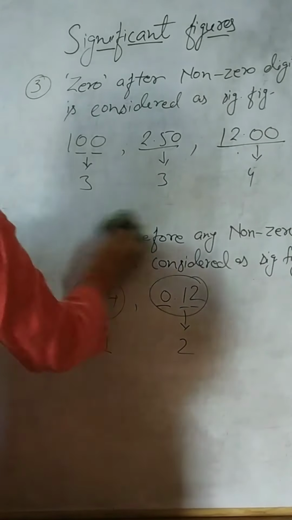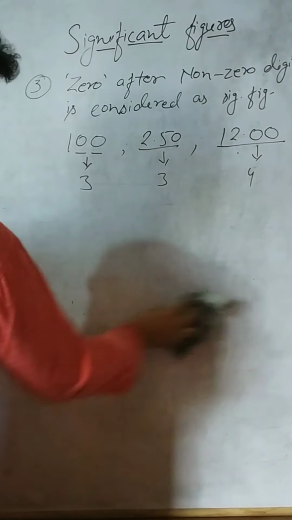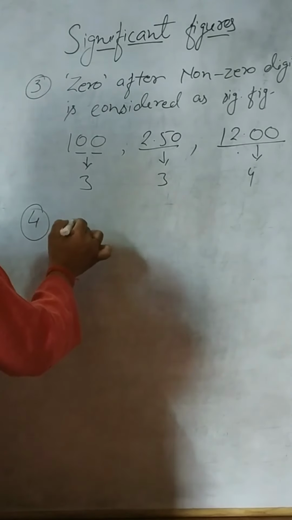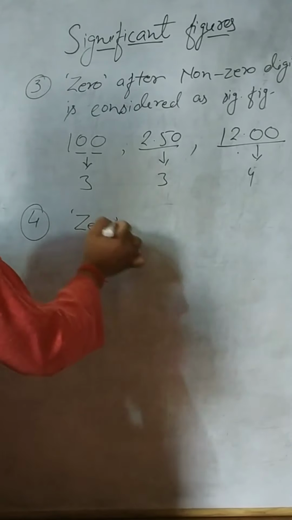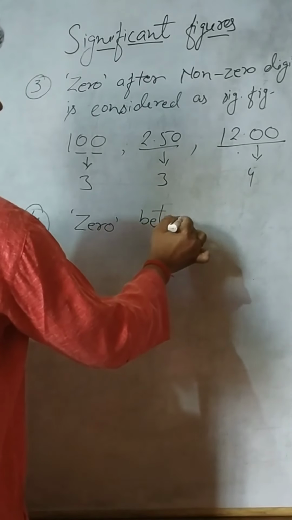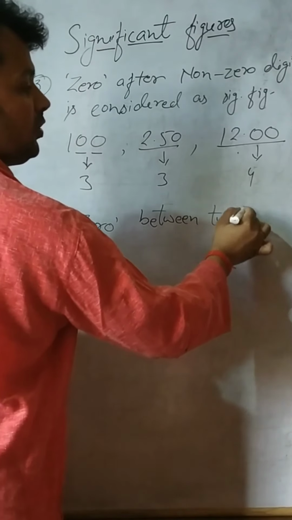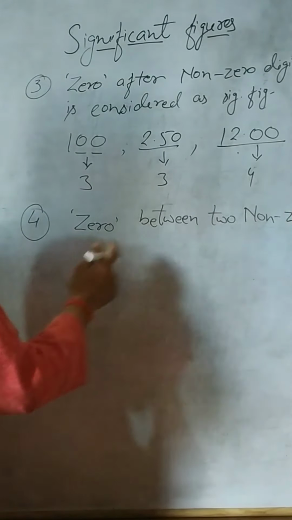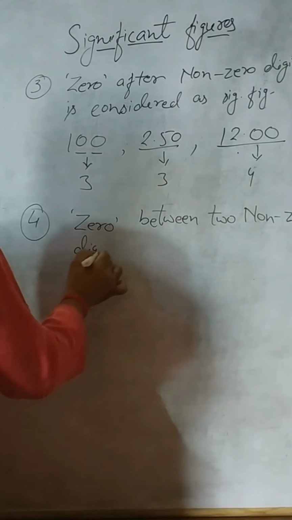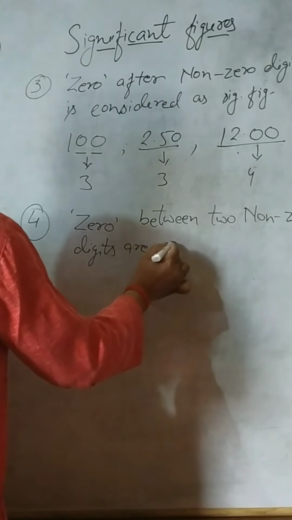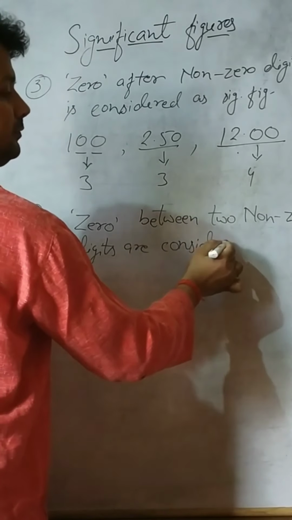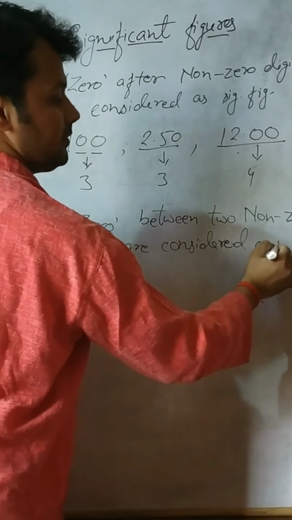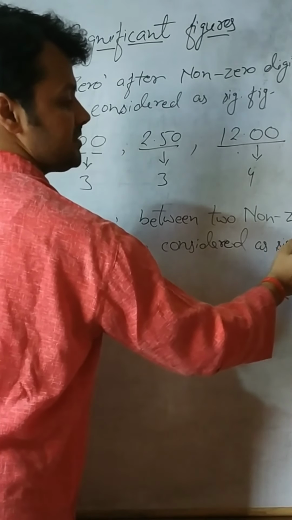The next rule is also about zeros. We are studying all the conditions of zeros here. The next rule says a zero between two non-zero digits is considered a significant figure.